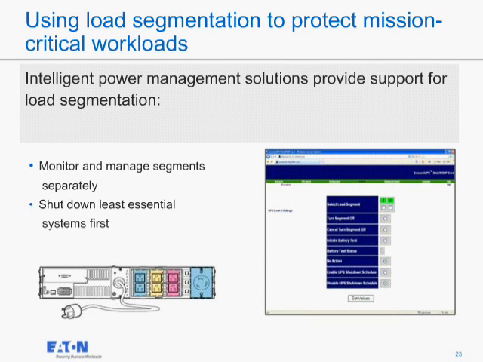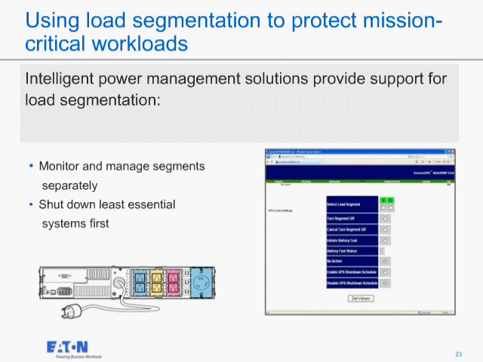Those solutions use built-in load segmentation and load shedding that come with a lot of your power management products, be they UPSs or power distribution products. Many of these hardware products offer load shedding and load management capabilities that you can put into play during a power event.